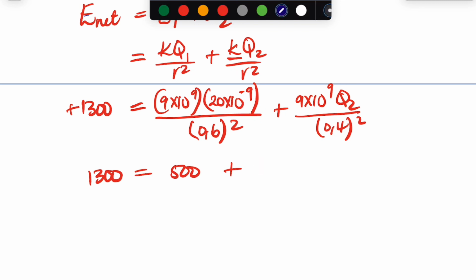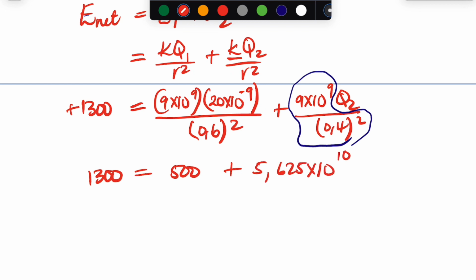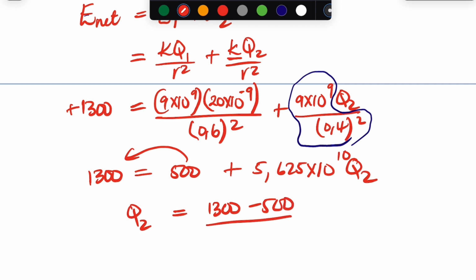Guys, remember what I'm doing here. I'm punching this in the calculator. So it's going to be 5.625 times 10 to the power 10, times Q2. And then I transpose this. So Q2 is equal to 1300 minus 500, and we divide by 5.625 times 10 to the power 10.